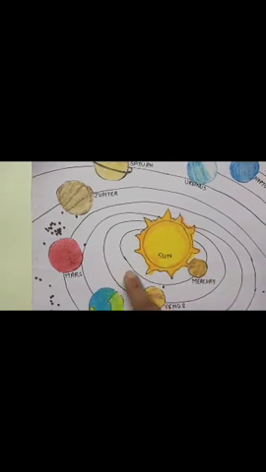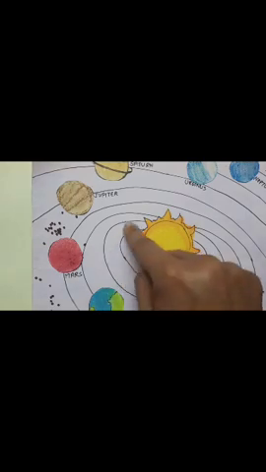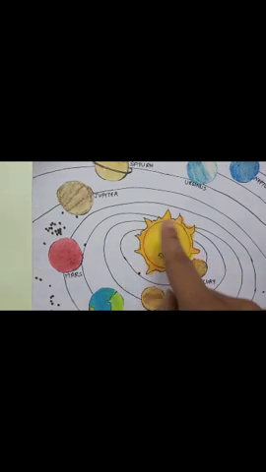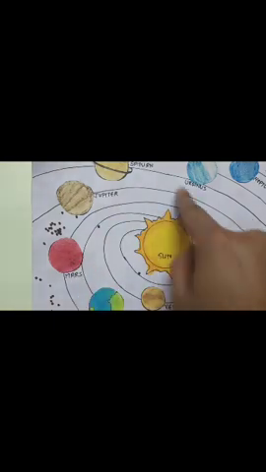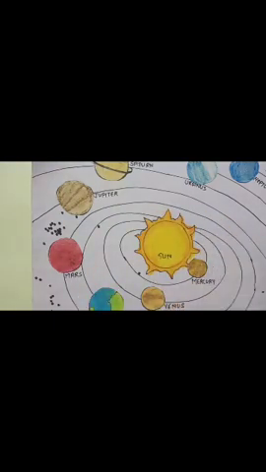They are not going to change their position. They follow a particular orbital path. The sun is a star and the planets that revolve around it are together called solar system.